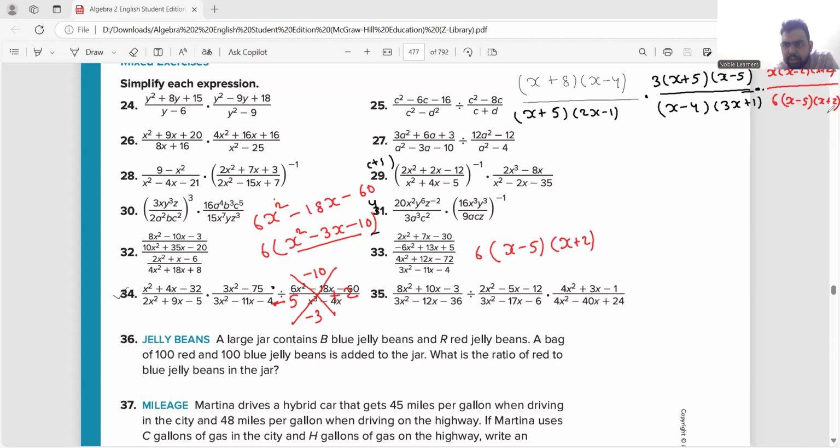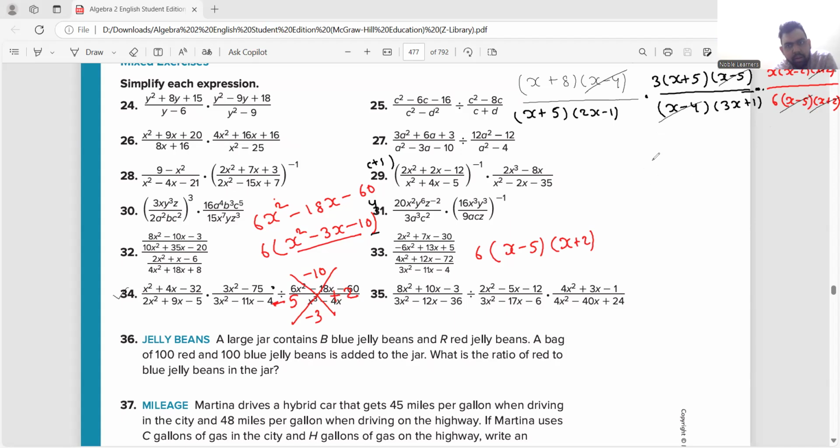Correct? Now what could we cancel out? We could cancel out x minus 5, x minus 5, right? Okay, so x minus 4, x minus 4. Yes. X plus 2, x plus 2. Yes.